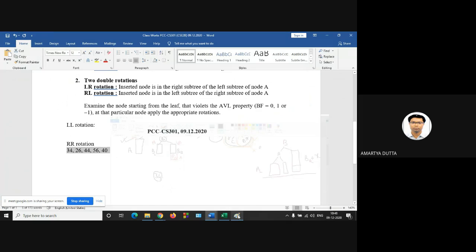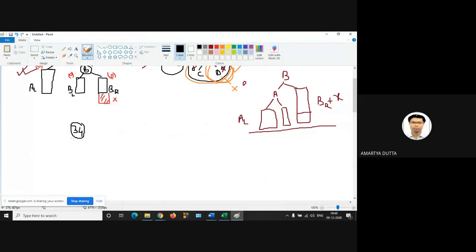Next, 26. 26 is less than 34. And next, 44. You have to check the balance every time. After insertion of 34, 26 and 44, is it balanced or not? Yes, sir.